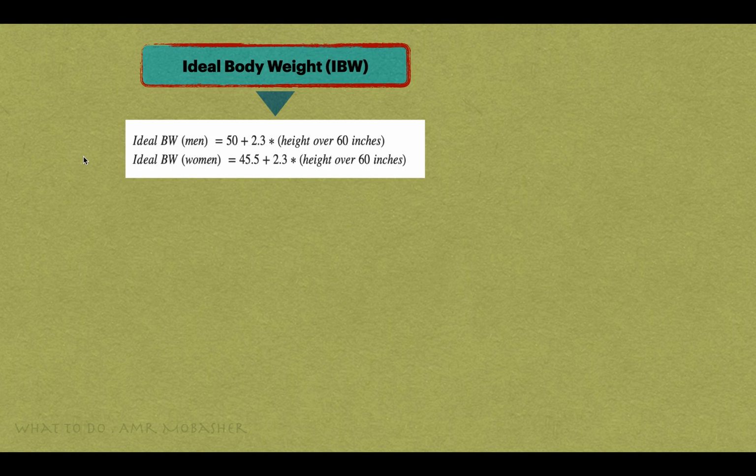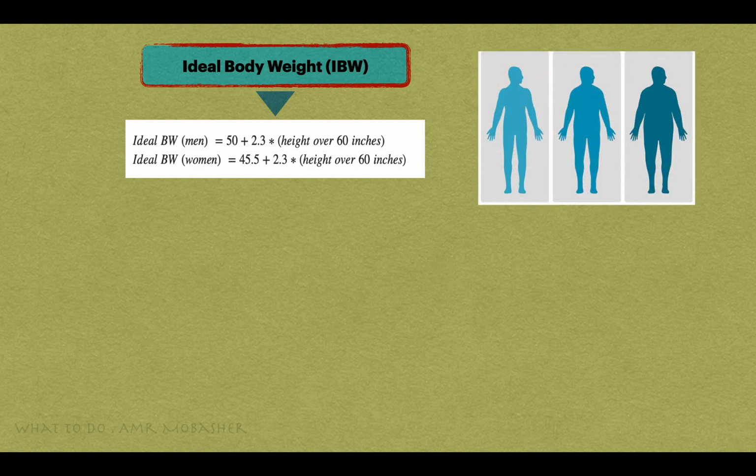The idea behind that: let's imagine we have 3 patients with exactly similar heights. The first one is 90 kilograms, the second one is 110 kilograms, the third one is 130 kilograms. Despite having different body weights, different fat masses, and different lean body masses, when we estimate ideal body weight for all of them, it would be exactly the same.